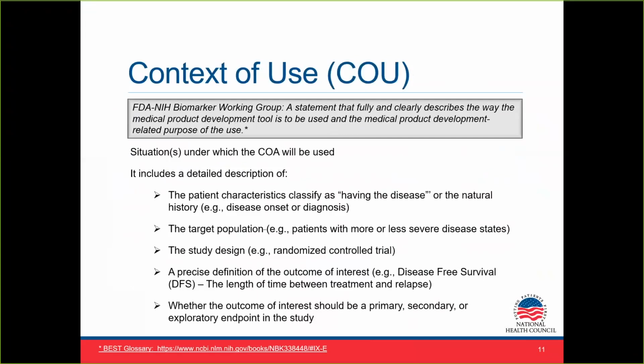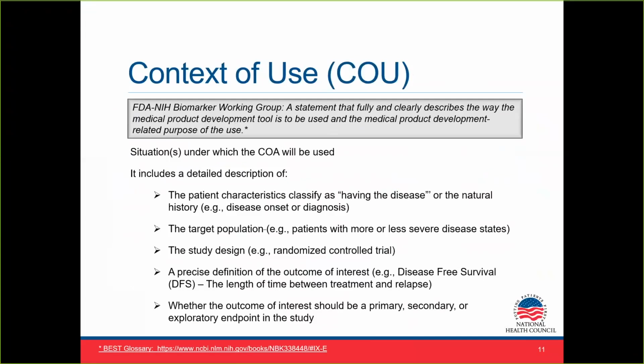Moving on to context of use, again, we have a formal definition from the FDA-NIH Biomarker Working Group that states a statement that fully and clearly describes the way the medical product tool is to be used and the medical product development related purpose of the use. So this is pretty much situations under which the COA instrument will be used.